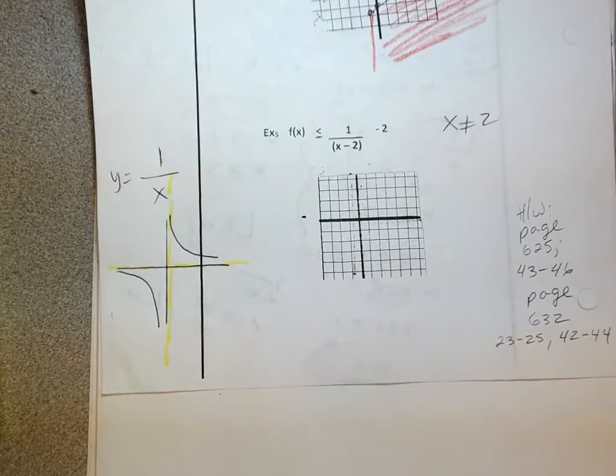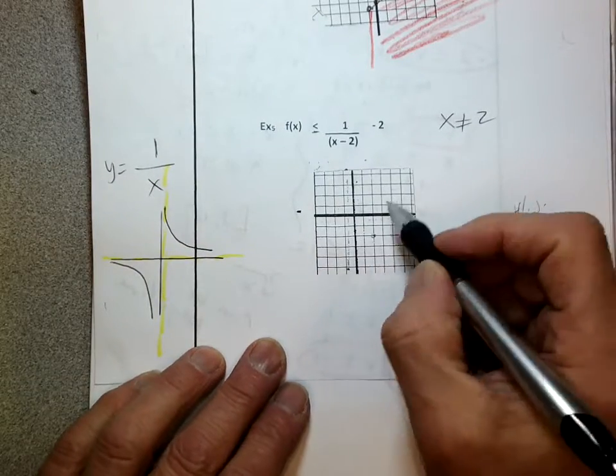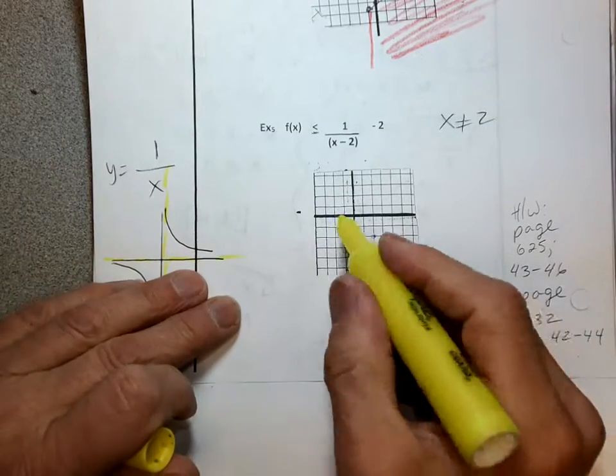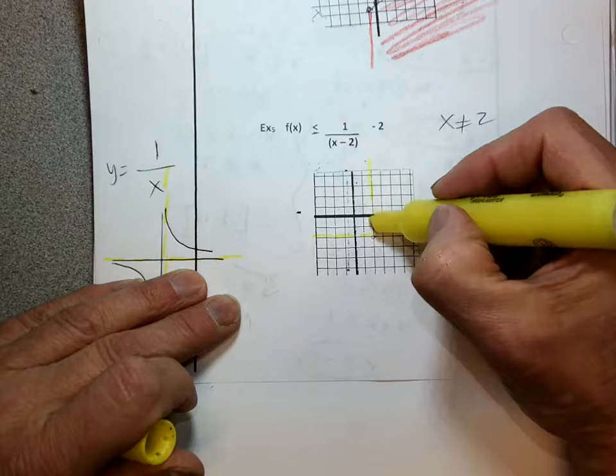Before I do anything, x cannot equal 2 because 2 minus 2 is 0. Cookie Monster is sad. Okay, so we don't want to do that, okay? So we're going to have a vertical asymptote at 2, so we're just going to move our asymptotes to that point. So our asymptote goes over to 2, and then it goes down to -2, so my asymptotes are going to go right in here, okay? Okay. How am I doing?